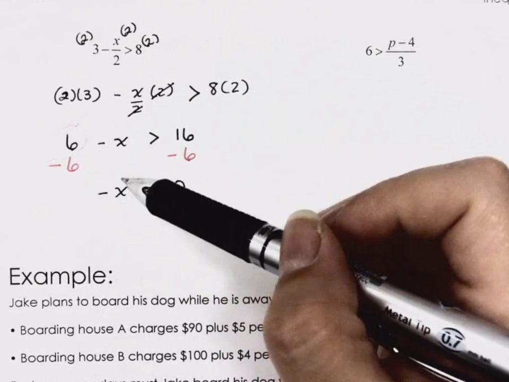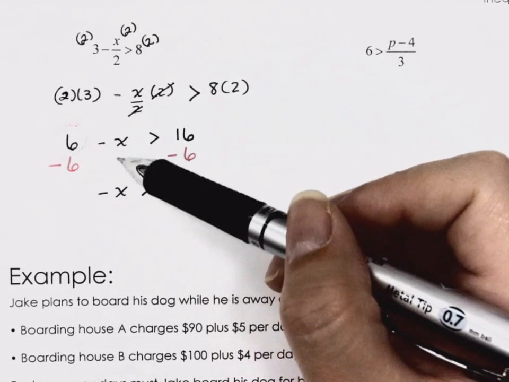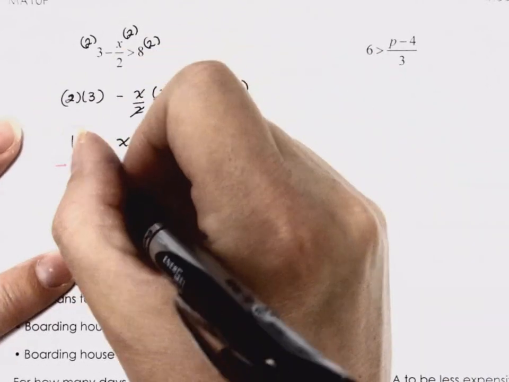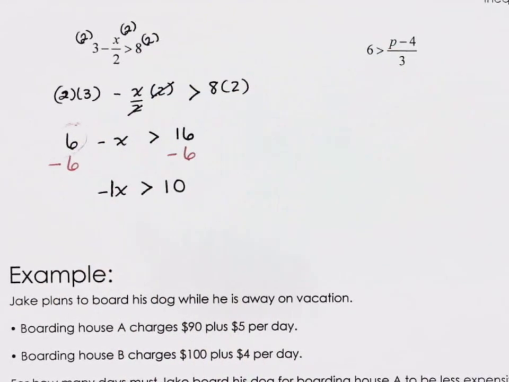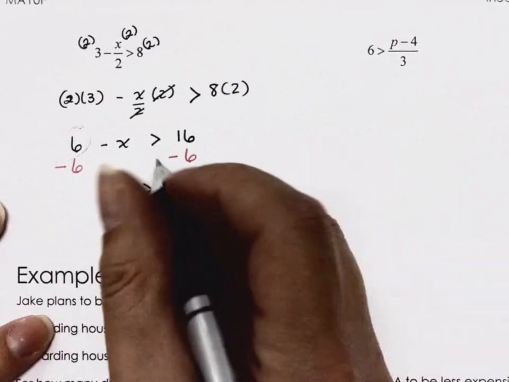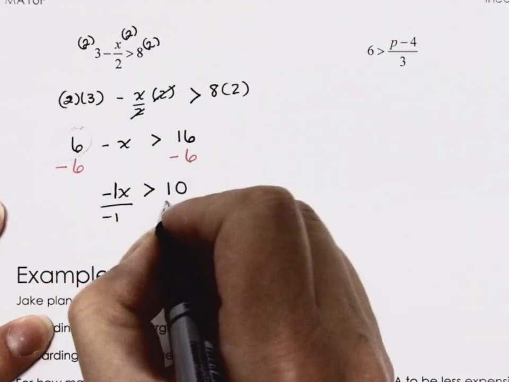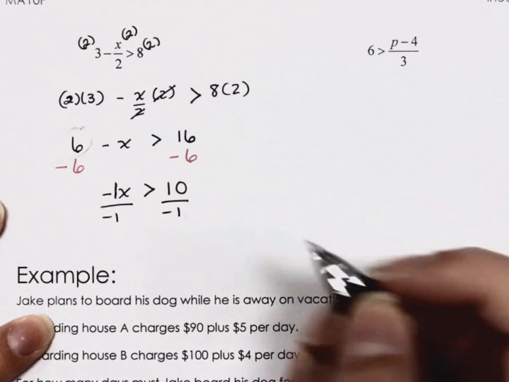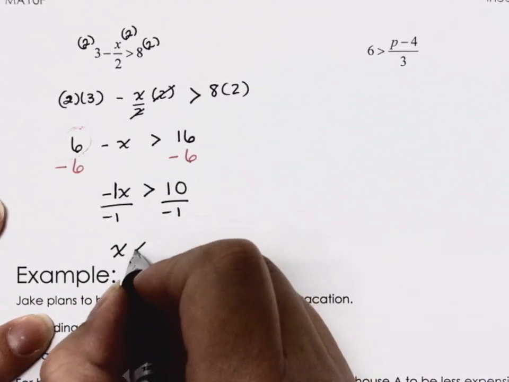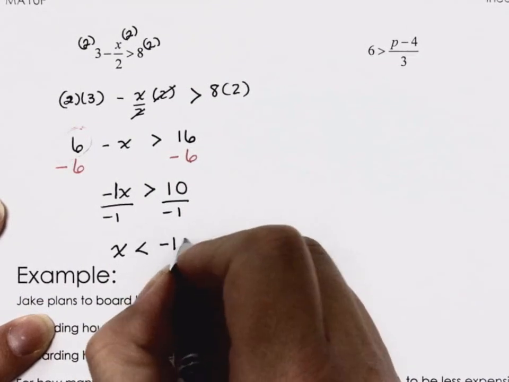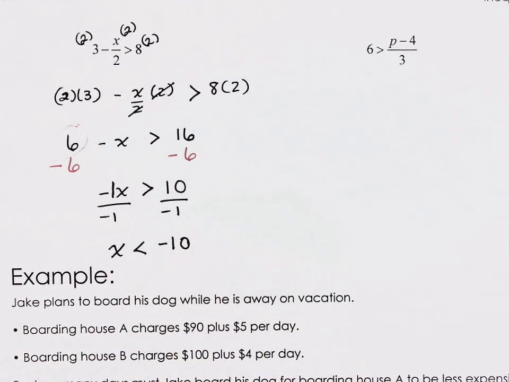What's the invisible number in front of the x that we can't see? 1. So it's like saying there's a negative 1 here. That means I got to divide this side by negative 1, this side by negative 1. So x, and because I divide it by the negative, I got to flip my inequality. X is less than negative 10.